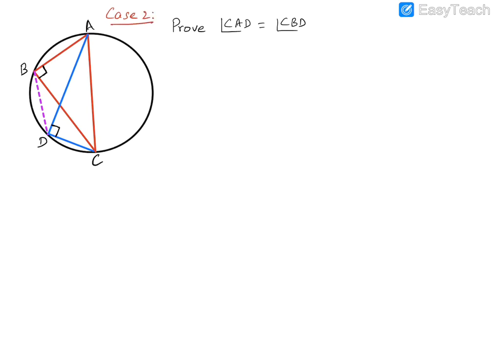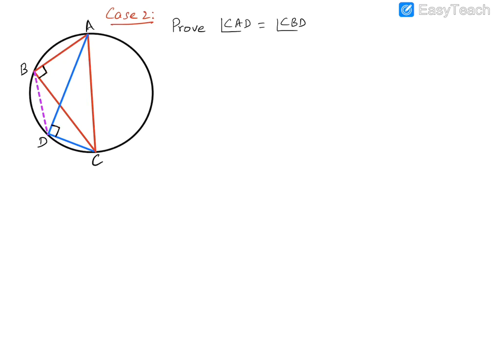So again, we are asked to prove that the angle CAD and the angle CBD are equal. We are given that we have two right angle triangles, ABC and ADC, with the common hypotenuse AC. The hypotenuse is the side opposite to the right angle. So we have this as our right angle ADC over here.